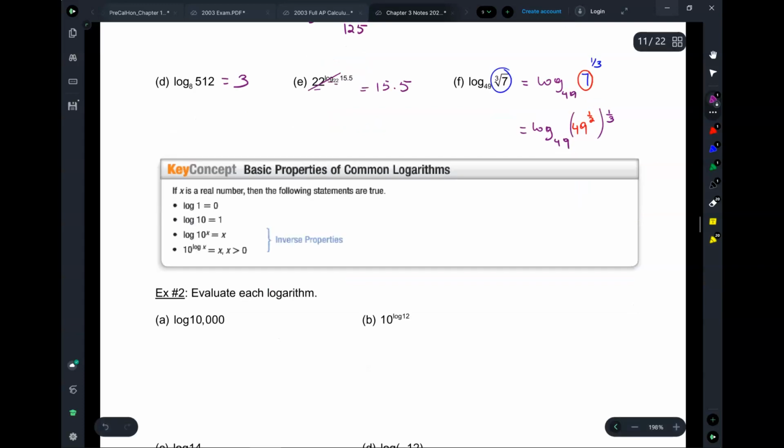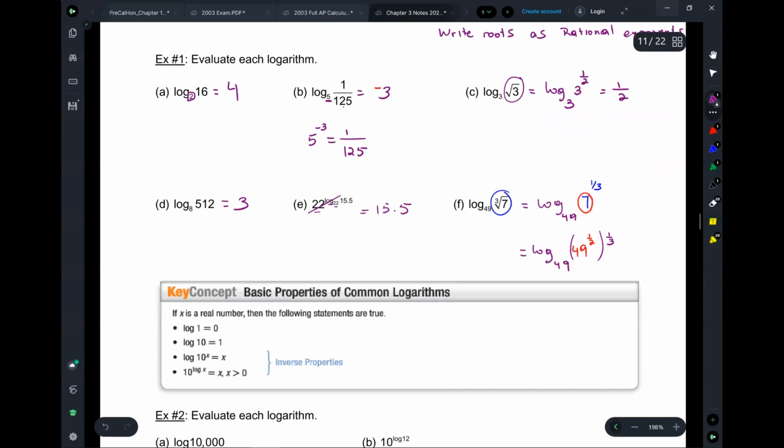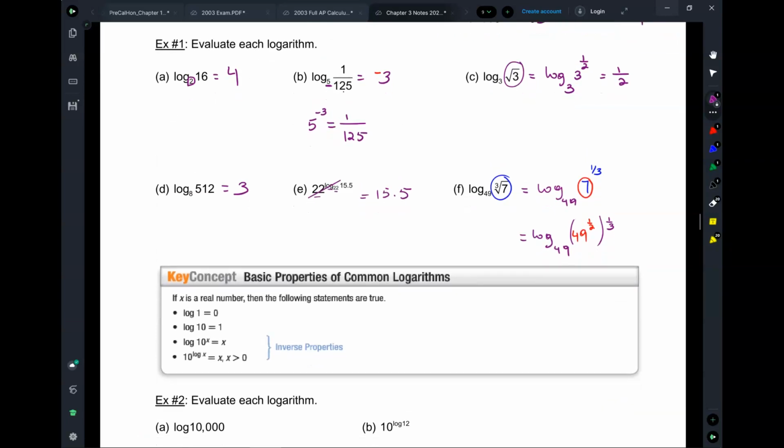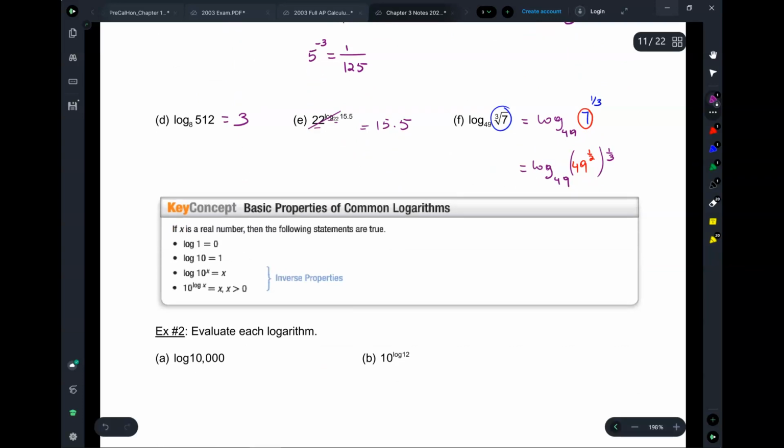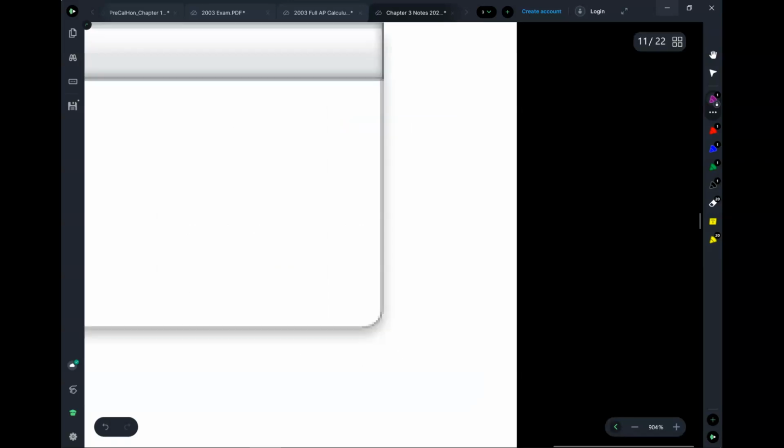Okay. So this was like algebra 2, pre-calculus, right? So look though. Log base 49 of 49, we can ignore that. We get a half times a third, 1/6. Okay.